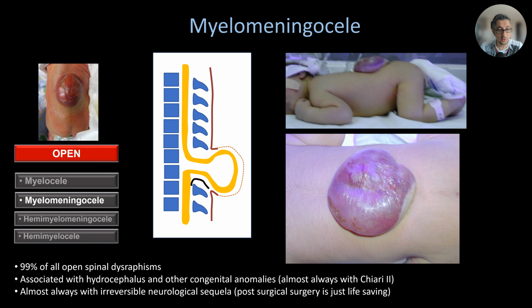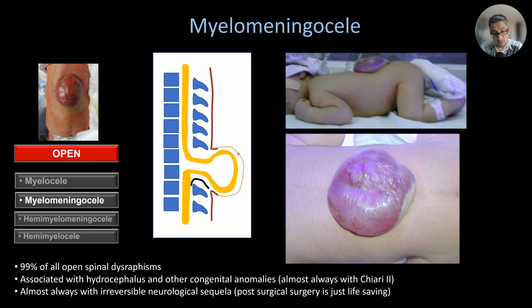So myelomeningocele accounts for the vast majority of open spinal dysraphisms, almost 99%. The neural placode is exposed to air, with almost always a posterior bony defect and herniation of the neural elements along with CSF spaces.